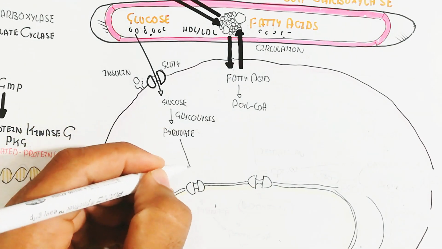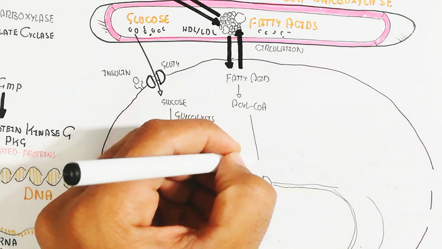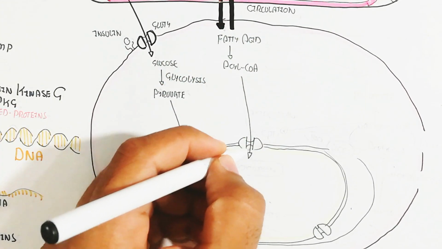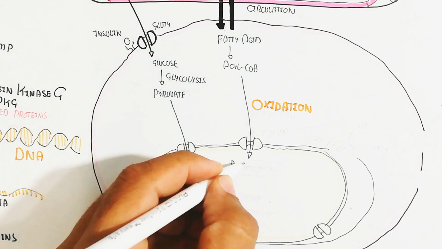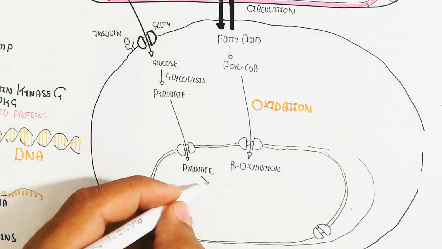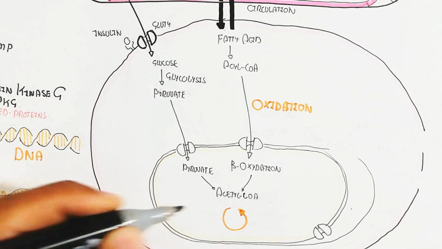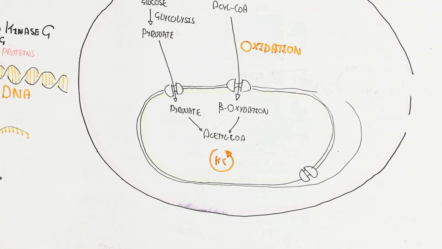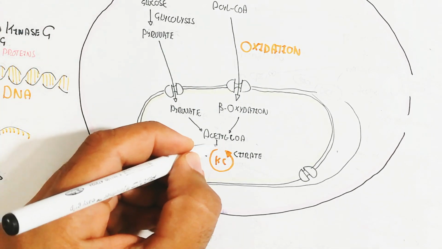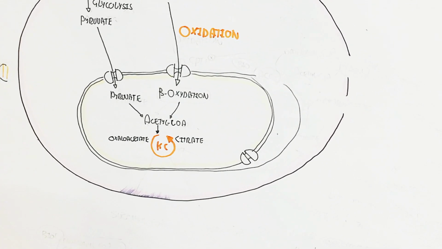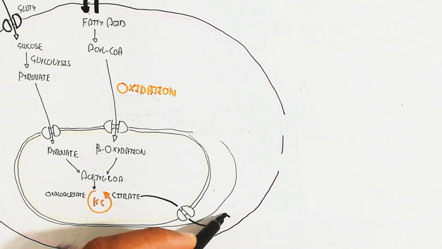A fatty acid, when it enters, is converted into acetyl CoA, and glucose through glycolysis produces pyruvate, which enters through the pyruvate transporter channel. Beta oxidation of fatty acid produces acyl CoA in the mitochondria. The acetyl CoA formation in the mitochondria leads to Krebs cycle activation, and the 2 carbon acetyl CoA binds with oxaloacetate to form citrate, a 6 carbon molecule.